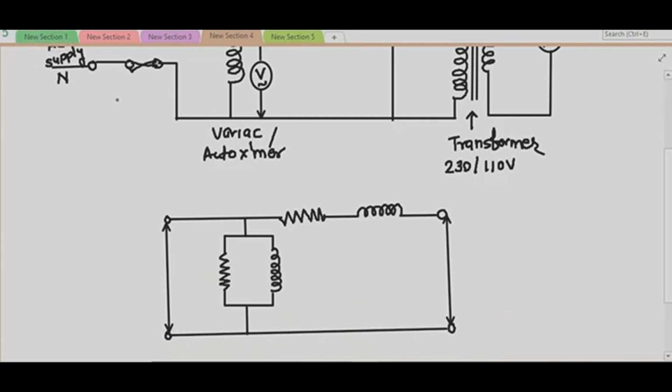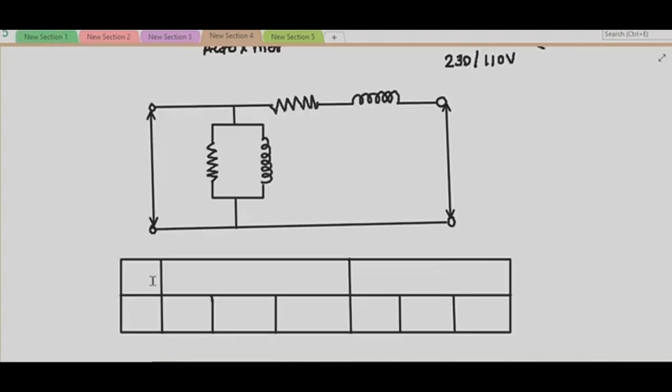So let us see what is the observation table of this. After adjusting the voltage across primary to its rated value, the readings of various instruments that we have to record are as shown in the observation table. So this is your serial number.